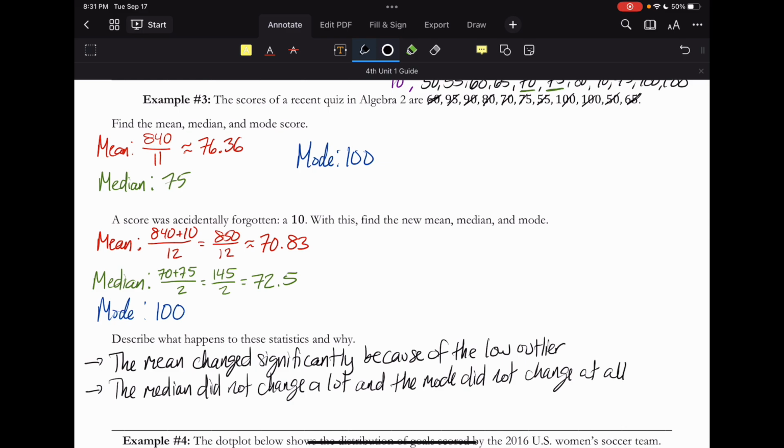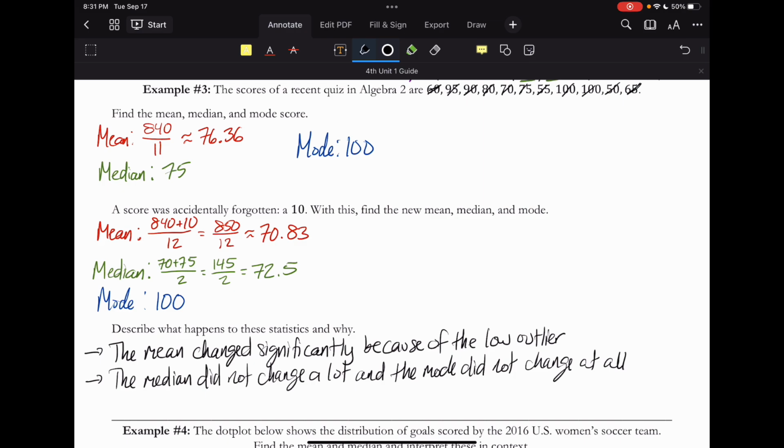And remember, the reason why is because the median and mode are resistant to outliers. Meaning that if I have an outlier, these statistics will not be impacted too much. The mean will always change whenever you have a lower or high outlier.